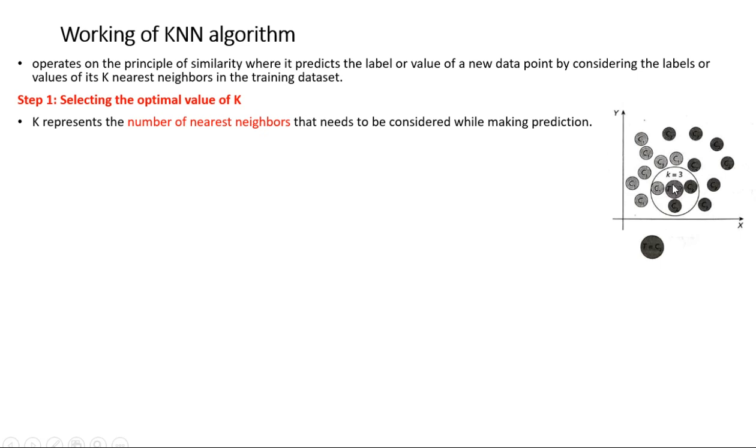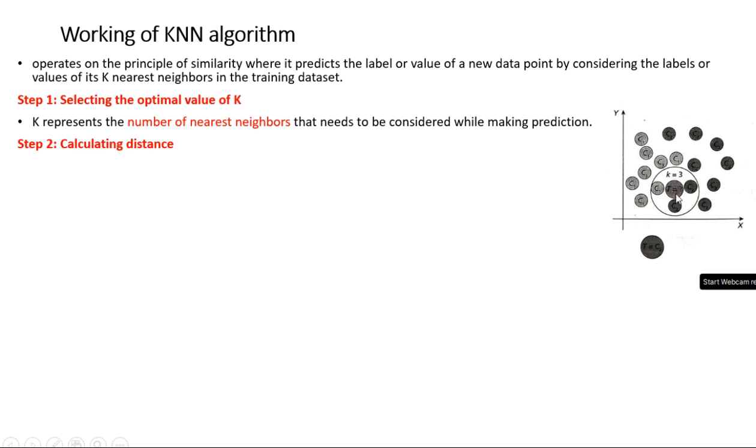This is the test instance. So it's going to calculate the distance between this test instance and these closest nearest neighbors. So this is 1, 2, 3. These are the 3 closest nearest neighbors.